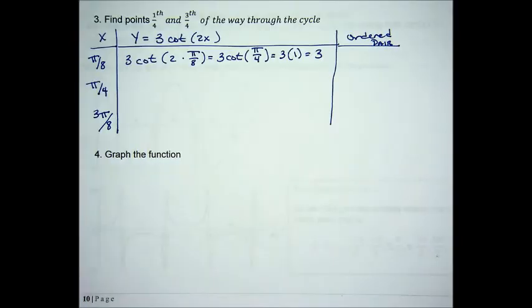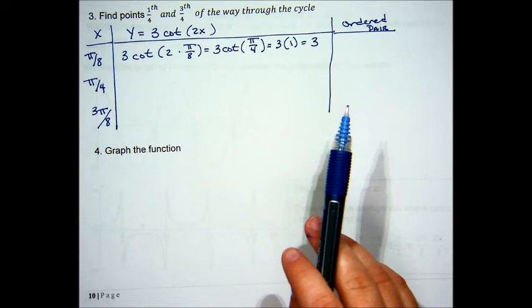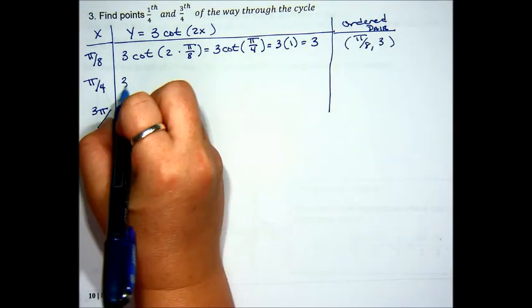Remember, for cotangent, cotangent's x over y. Using your unit circle, at pi over 4, x divided by y is 1. Always use your unit circle. So 3 times 1 is 3. Ordered pair, pi over 8 and 3.